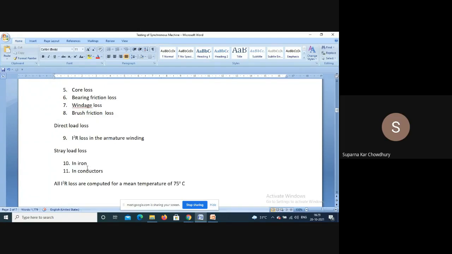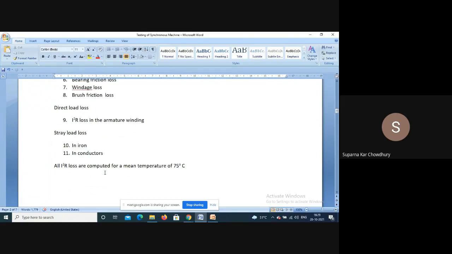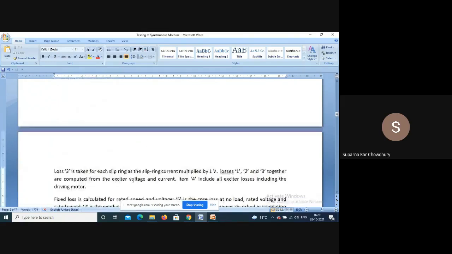Stray load loss is there. Stray load loss will be in the iron portion and in the conductors. Because of the leakage fluxes, there will be eddy currents induced in the different iron portions, the end shields, the supports, and in the conductors also, and that will create the stray load loss.